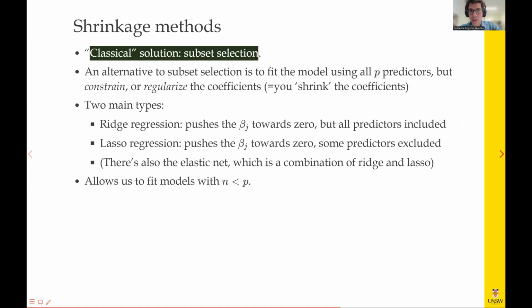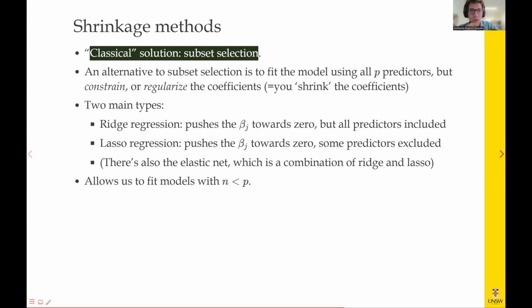That is theoretically possible, but it does have a big issue, which is that if you have lots of predictors, which one should you select? Imagine you have hundreds of predictors, and you want to select a couple of them or a few dozens of them. There are so many choices to make. You could do it in theory, but then you have thousands and thousands or millions of models to fit, and it might not actually be feasible in practice.